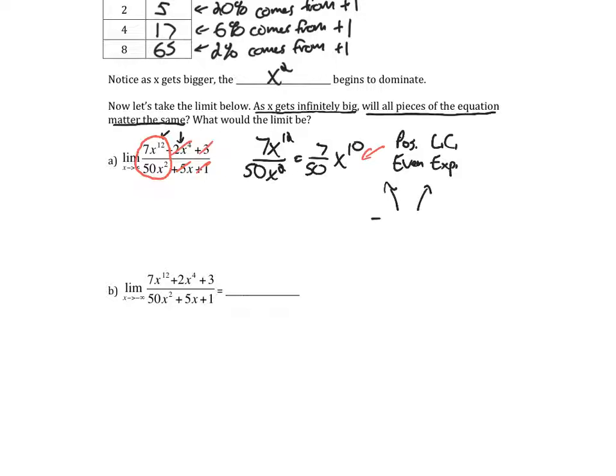That arrow to the left represents as x goes towards negative infinity. This arrow to the right represents what the graph does as it goes towards positive infinity. So what would this limit be as x goes towards positive infinity? I would just be looking at my end behavior, looking at this arrow here. That arrow's pointed up. So my answer would just be positive infinity.